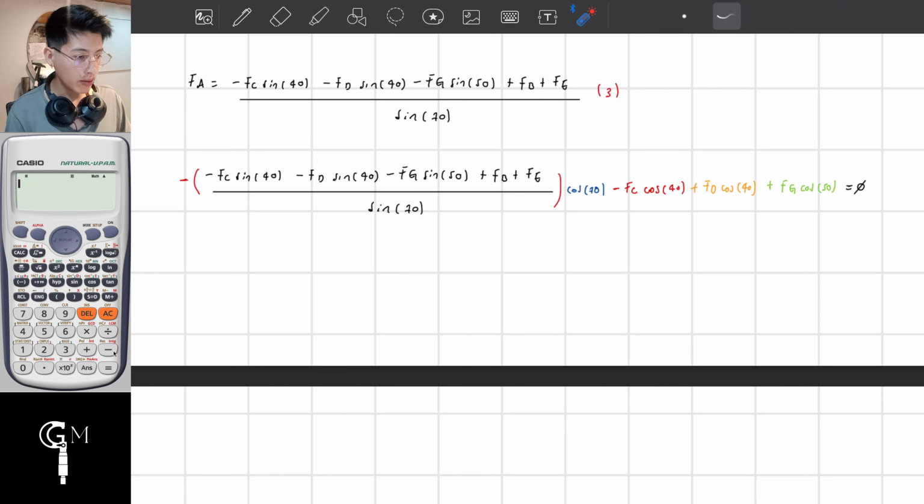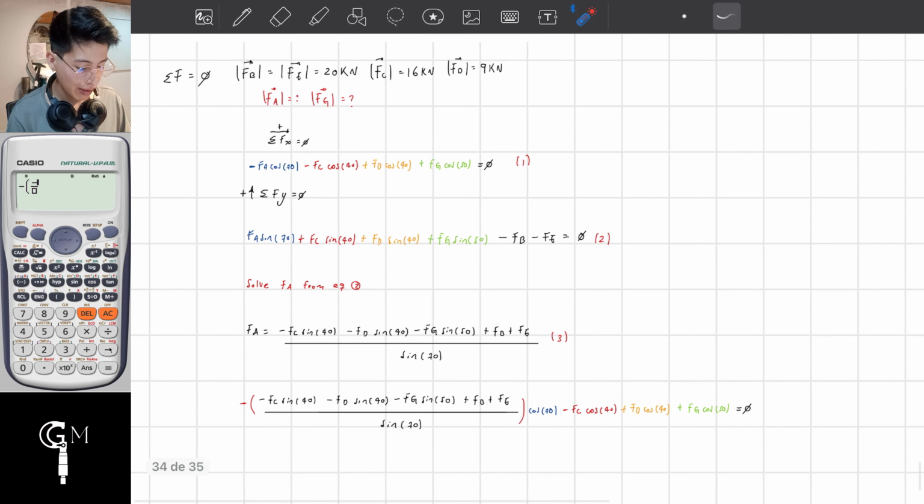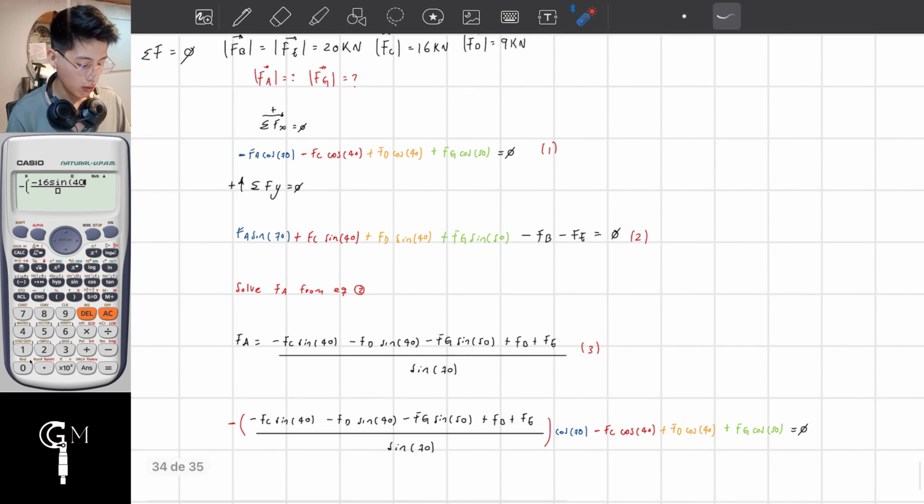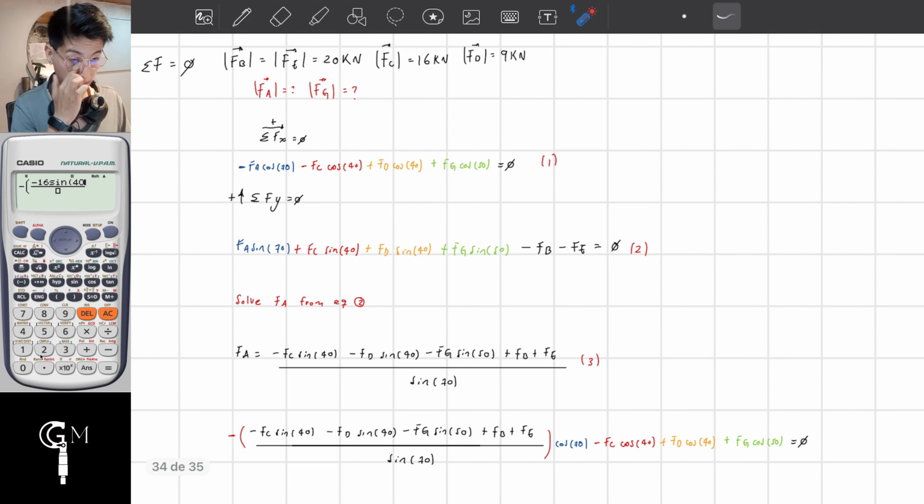By using the calculator, I'm going to write down the complete equation. So minus, open parentheses, minus FC. FC equals 16 kilonewtons, sine of 40. Minus FD, close parentheses, minus FD, which is 9, sine of 40, minus FG, which is the unknown.